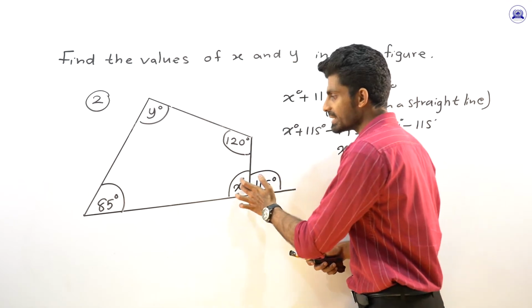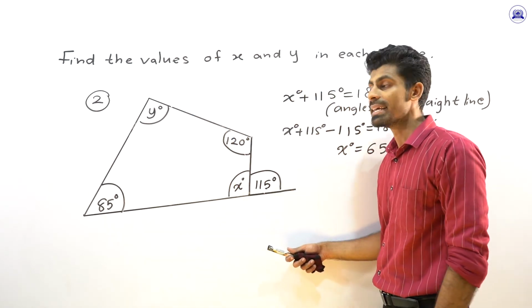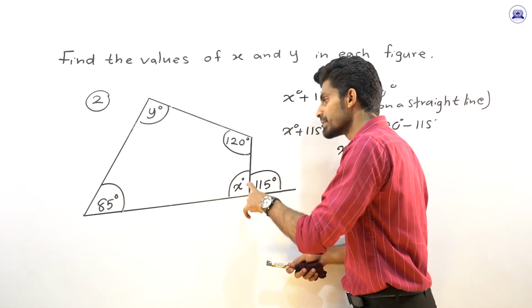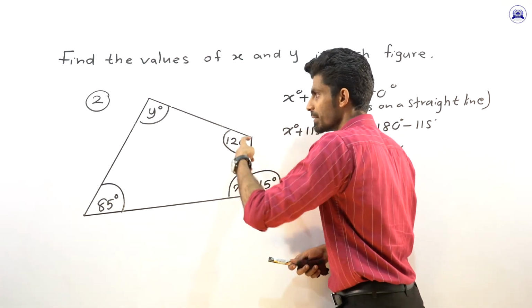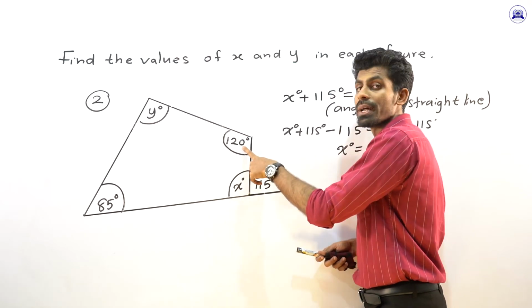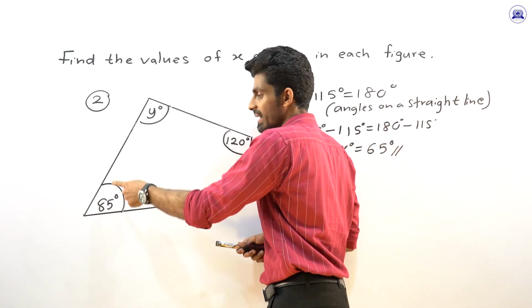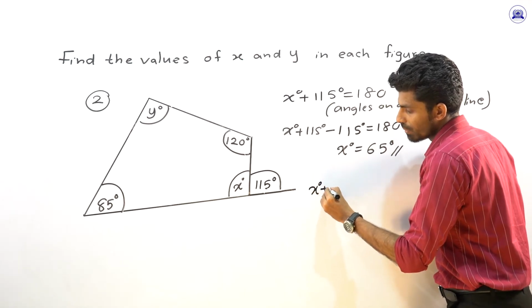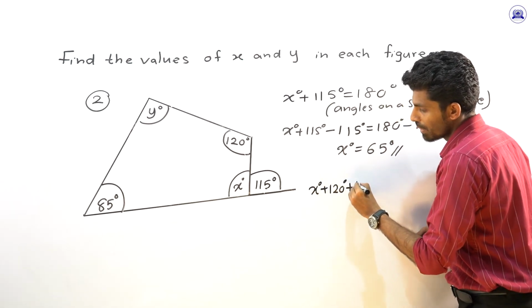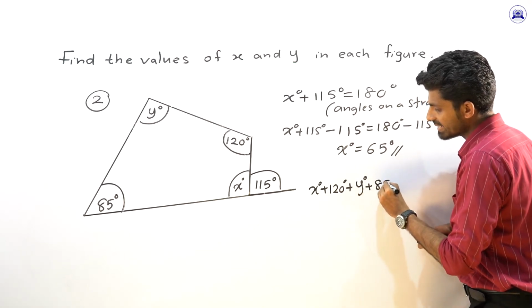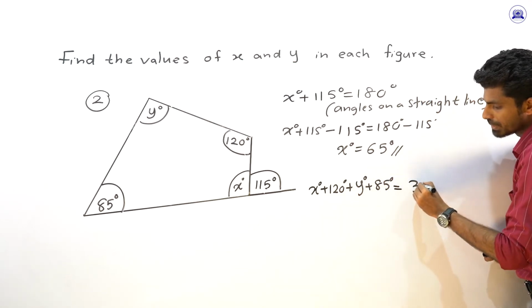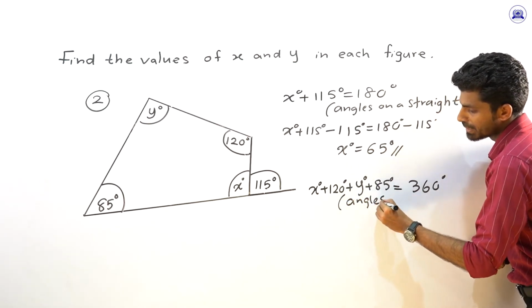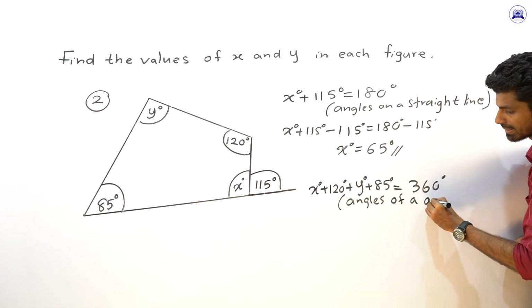Now you can very easily apply the quadrilateral theorem. You can see that one is a quadrilateral. X plus 120 plus y plus 85 equals 360.